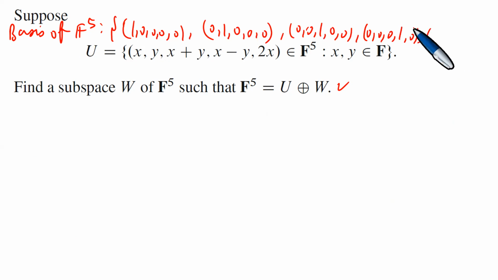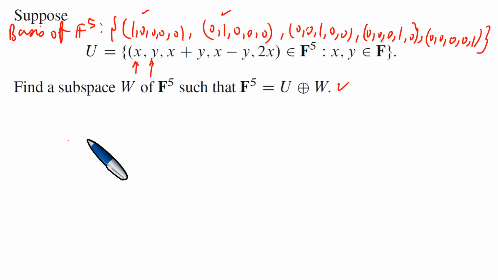Then 0, 0, 0, 0, 1. Five elements: 1, 2, 3, 4, 5. So we argue that this one entry here is associated with this vector, and this one is associated with this vector. These ones are just combinations of the different ones, and therefore we consider them as related to this.